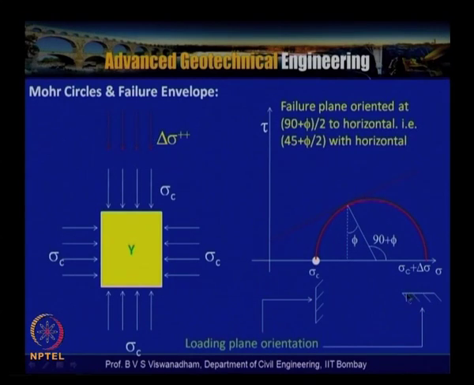So these are the planes on which these stresses are acting. If there are no shear stresses, they are eligible to be called principal planes, major principal plane and minor principal plane. The failure plane is oriented at 45 plus phi by 2 with the horizontal. That is the inclination from the pole when you draw at the point of tangency, 45 plus phi by 2, and the plane of maximum shear stress is at 45 degrees.